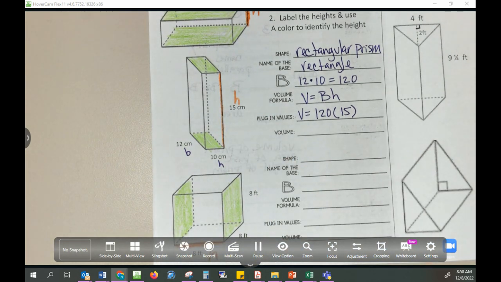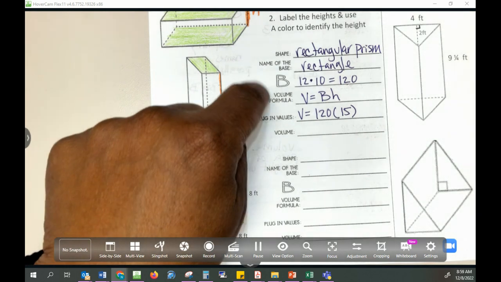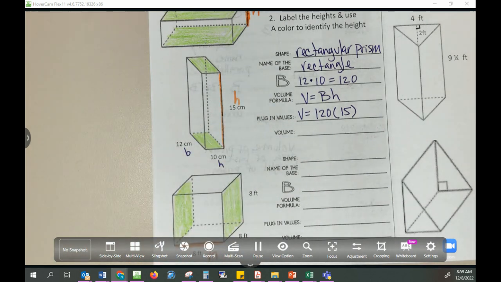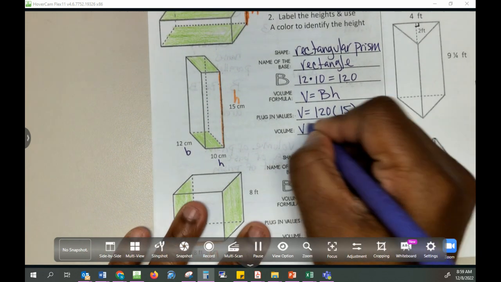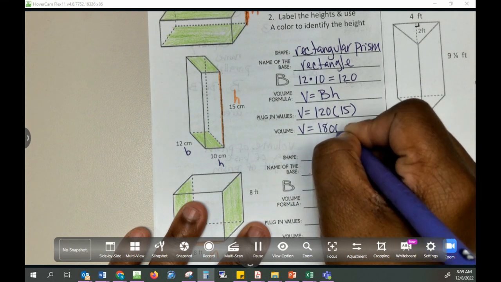You have a little space there to do the math. When I have 120 and I times it by 15, I get 1800. So my volume is 1800.